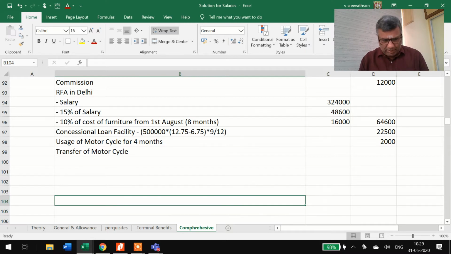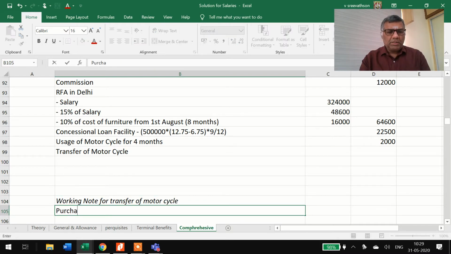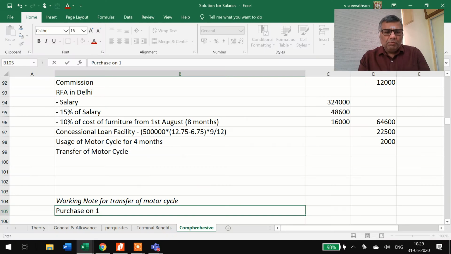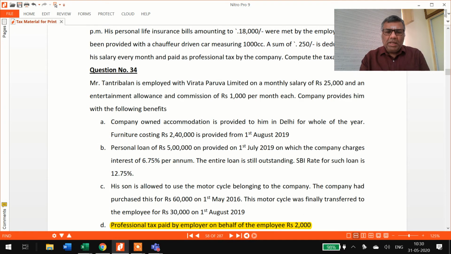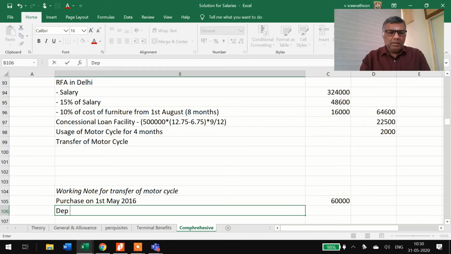Leaving five lines. Purchase on 1st May 2016, we are hitting 60,000. Depreciation at 10% SLM for 3 years.